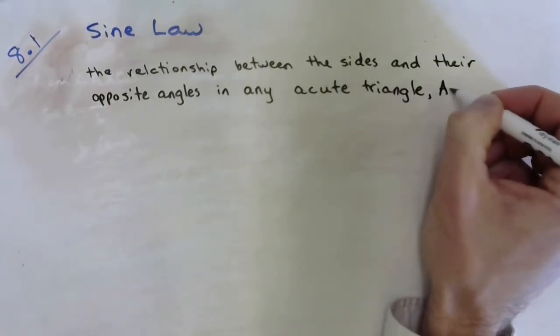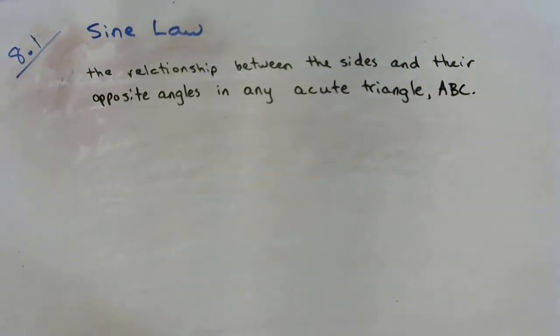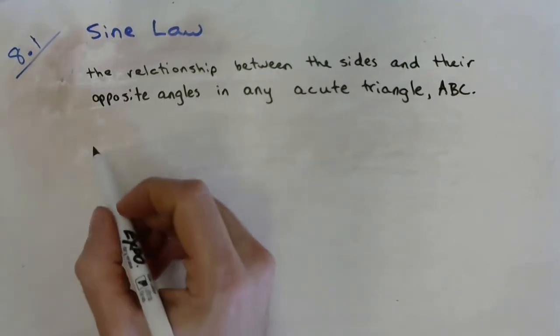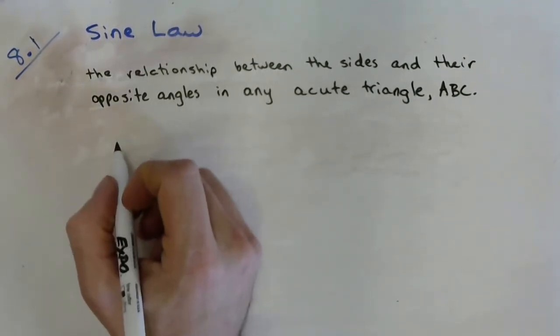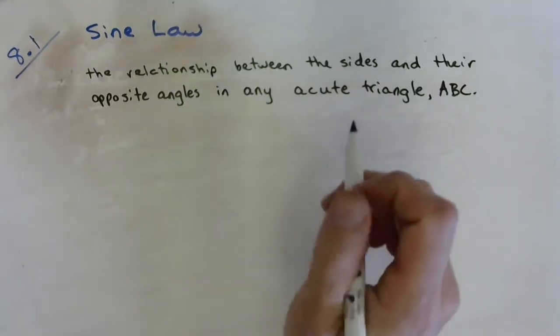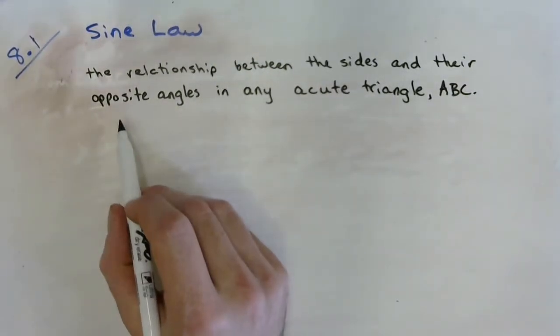And we'll call it this triangle ABC. In any acute triangle ABC. So that's what it does. It relates the sides and opposite angles.